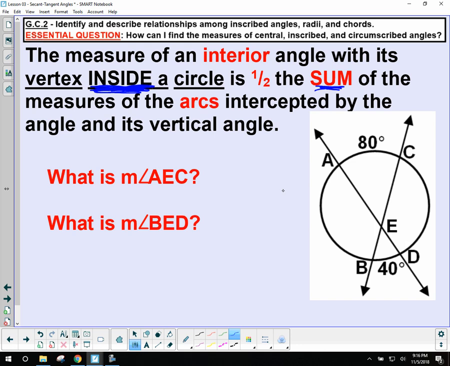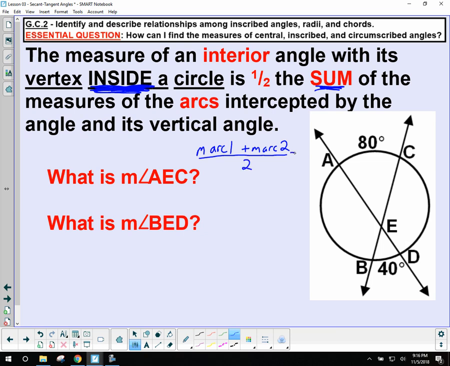So, what I'm trying to tell you is the measure of arc 1 plus the measure of arc 2, half that, half the sum should equal the measure of said angle.